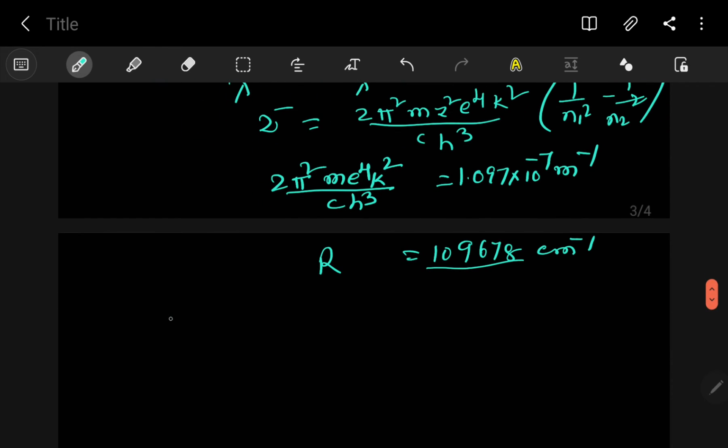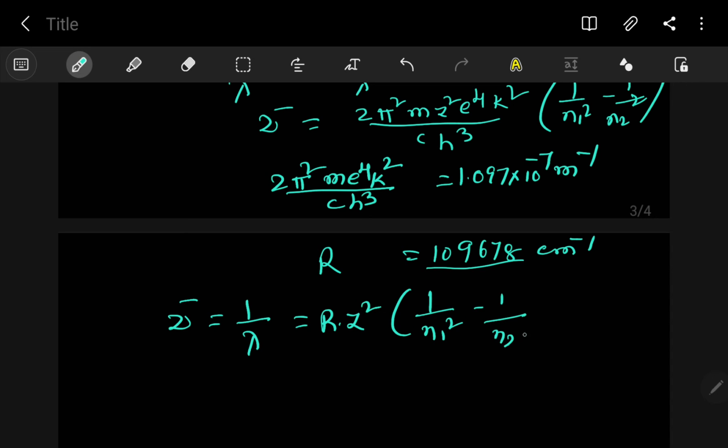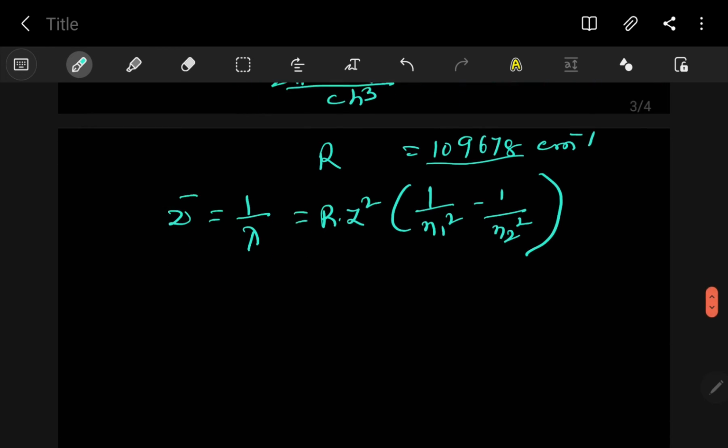Now our formula of Rydberg's equation is nu bar equal to 1 by lambda equal to R into z square into 1 by n1 square minus 1 by n2 square. Now one small sum I will take.